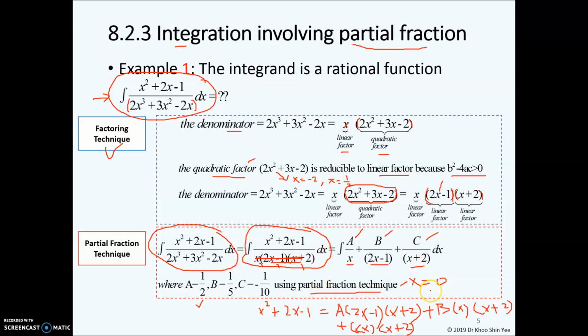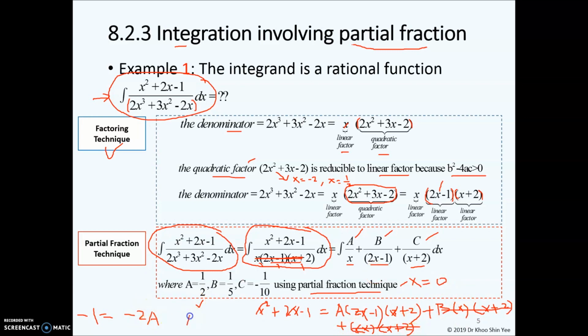Right? So we substitute x equal to 0 inside. This can be cancelled off. You only have -1. So 2 multiplied by 0, you have -1 here. With 0 substituted, you have -1 multiplied by 2, you have -2a. And if you substitute x equal to 0 into this term, it cancels off. This term also cancels off.